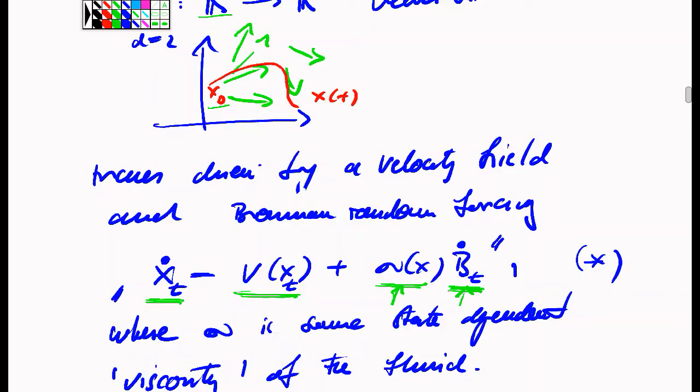It might be at some point in space which is more viscous, where the tracer is less sensitive to the fluctuations, and there the sigma function would be smaller, as opposed to other parts of space where the tracer is more sensitive to these pushes.